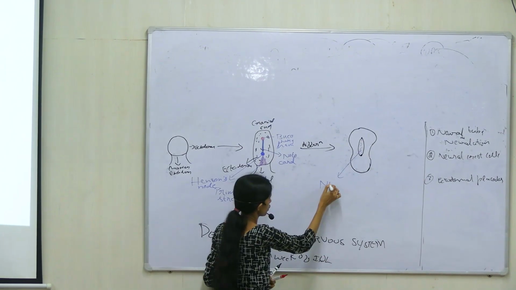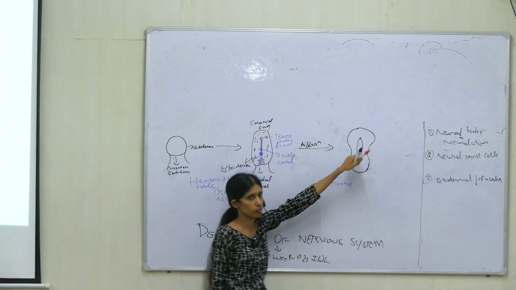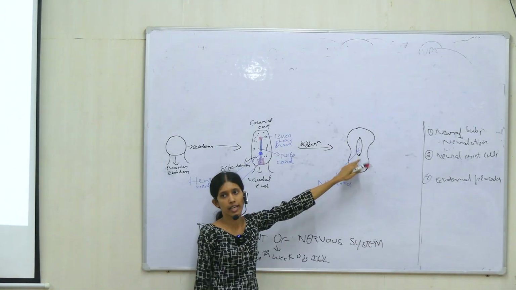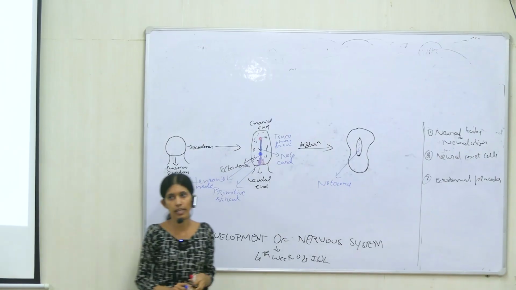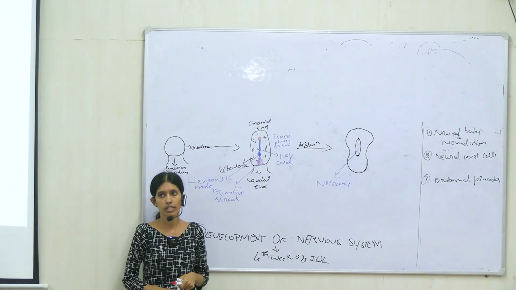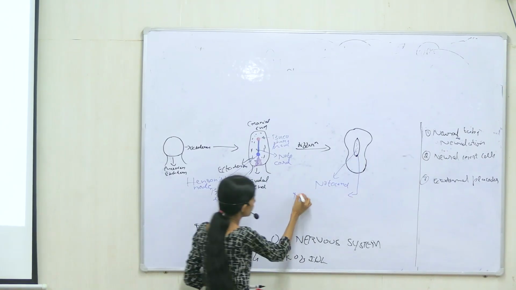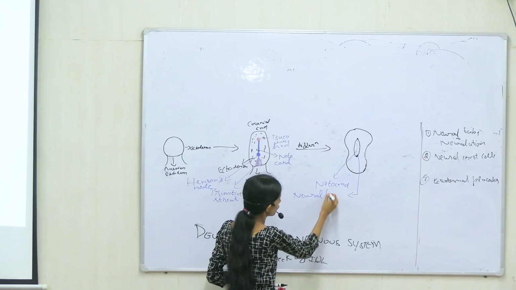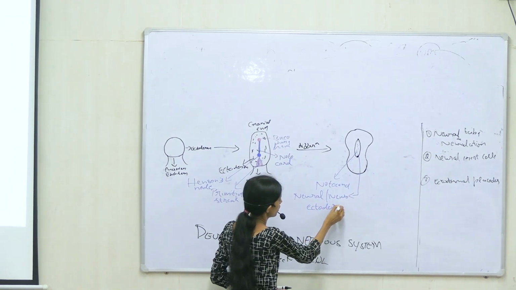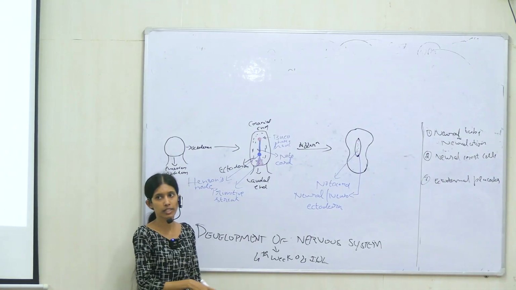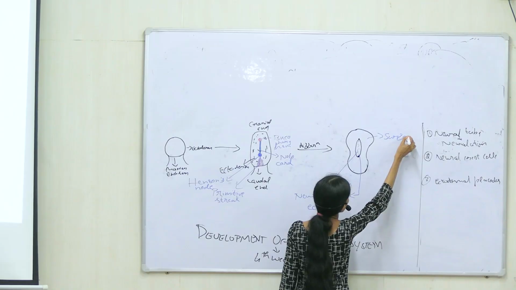The blue part is your notochord, and this is the buccopharyngeal membrane, and this will be your Hensen's node part. So what is this differentiated part called as? It is called neural ectoderm, or neuroectoderm. And the remaining ectoderm at this level is called surface ectoderm.